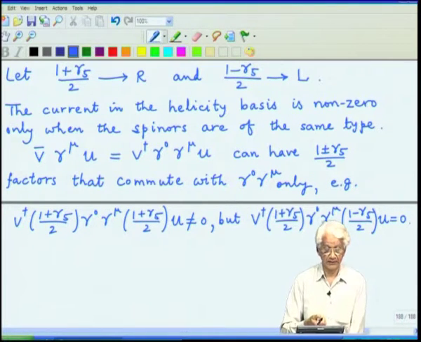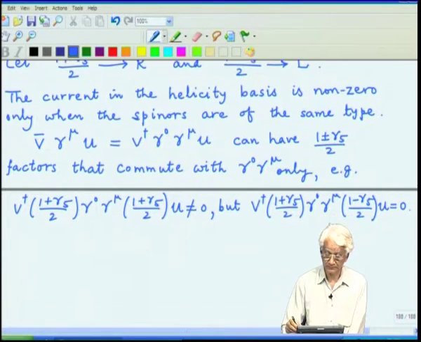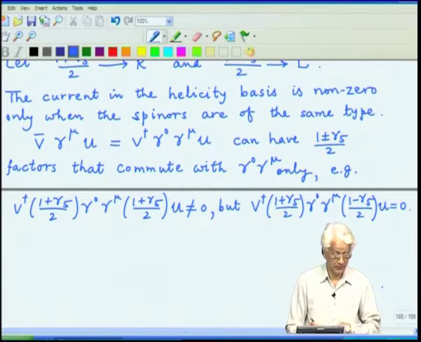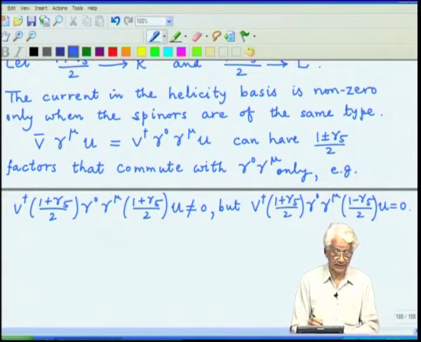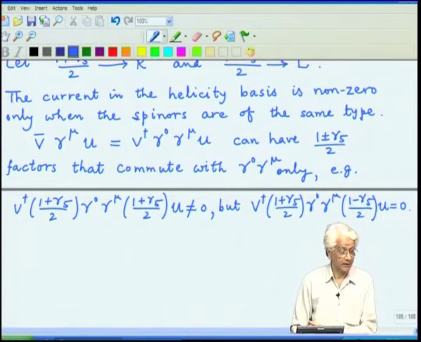So, this restricts the helicity states which can contribute to this current, and the current is the basic part of the matrix element, and so only one combination of the helicity can contribute, the other one does not.